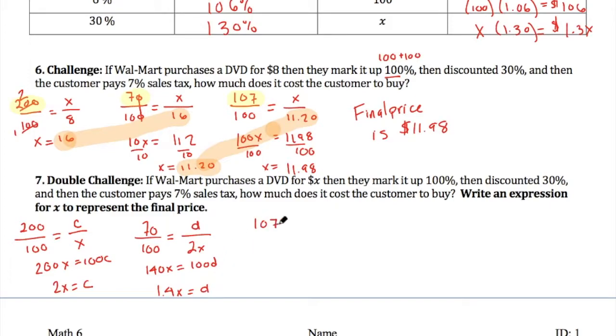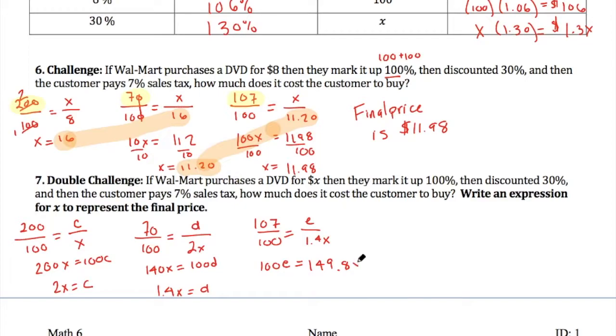All right, so now the tax is 107% out of 100, and that's going to be equal to, let's call it E for something new, out of 1.4x. And we'll do our cross products once again, and this time 1.4 times 107 is going to give us, or 100E is equal to 149.8.